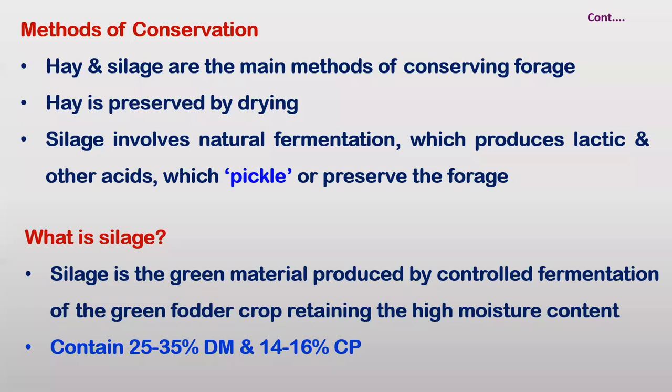So what are the methods of conservation? Hay making and silage making are basically the two methods of conservation of green fodder, and these two methods are mainly in practice and generally used all over the world. Both are very popular for conserving green fodder.